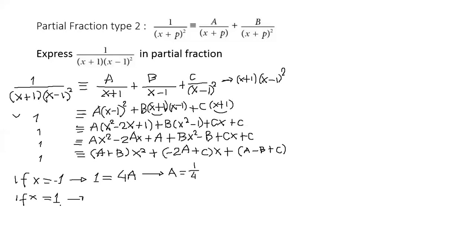Now if x equals 1, this is 0, 0 as well, because 1 minus 1. This is 2 because 1 plus 2, so 1 equals 2c. Yeah, c equals a half. a equals a quarter, while c equals a half.